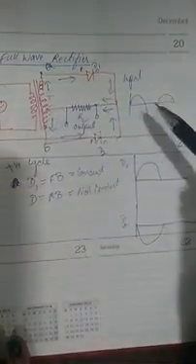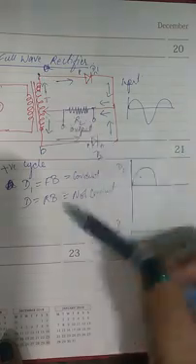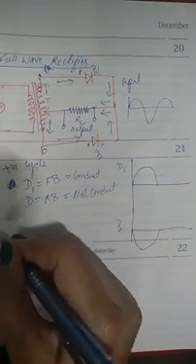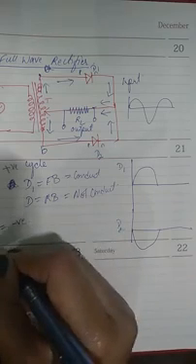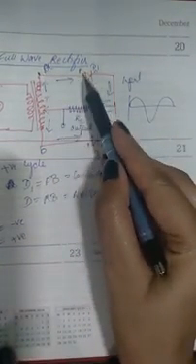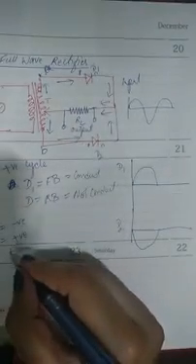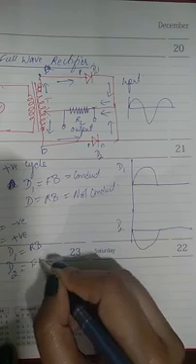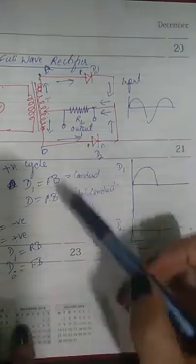Second, what happens? In the second cycle, A will be negative and B will be positive. So if A is negative, this side is positive, D1 will be reverse biased and D2 will be forward biased. Just the opposite.